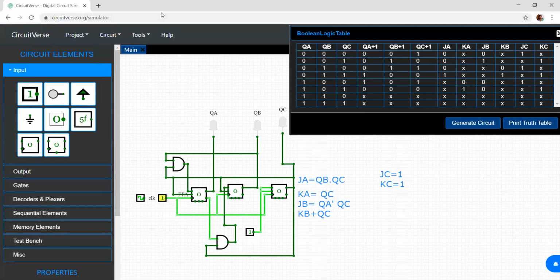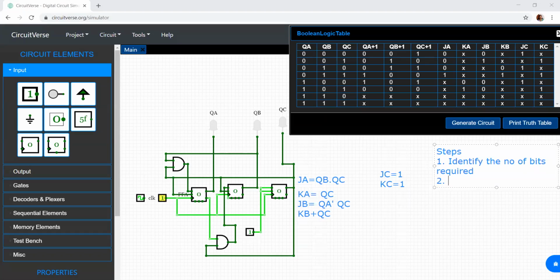So let me summarize the steps. What is the first step? First step is identify the number of bits required.